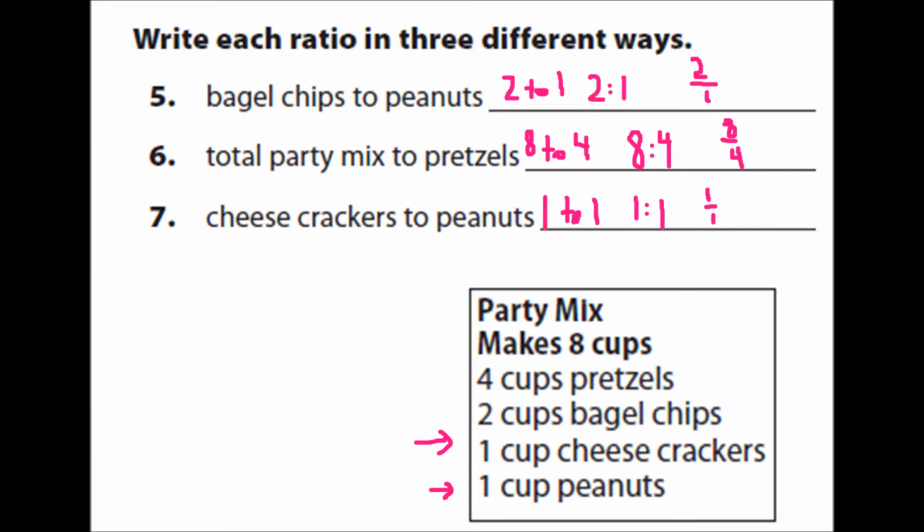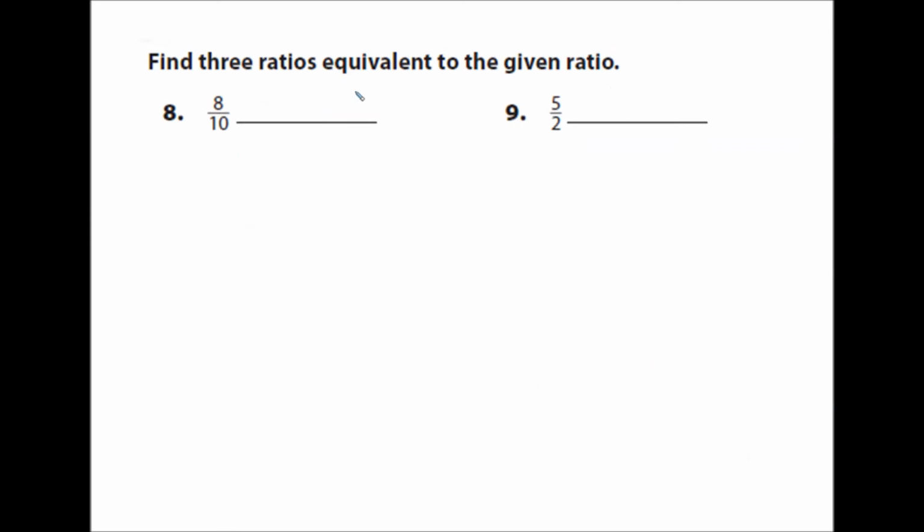Now, equivalent ratios are similar to equivalent fractions. So if I have this ratio 8 to 10, it looks like 8 over 10 as a fraction. Now, I need to find 3 equivalent ratios for this.